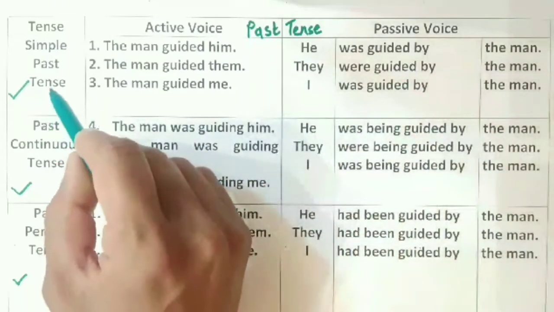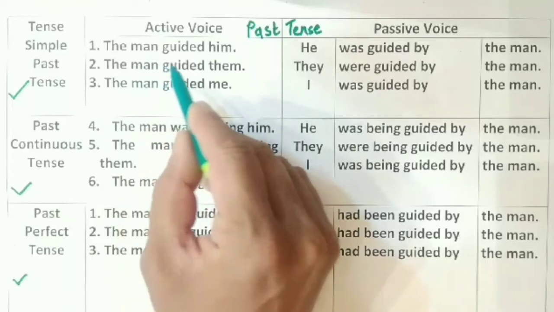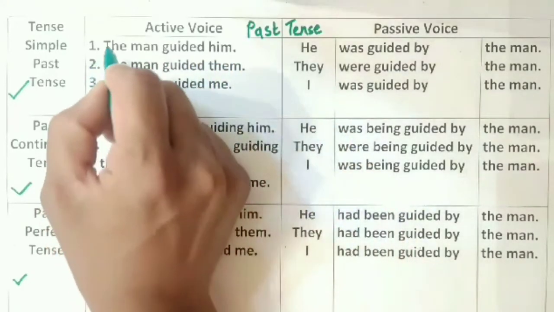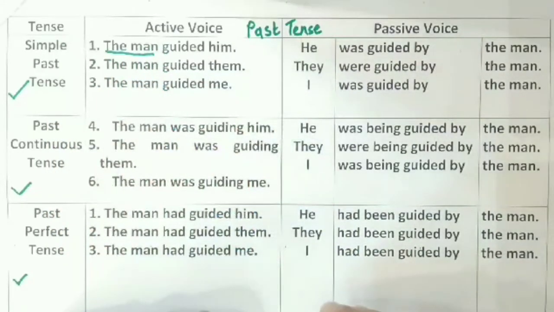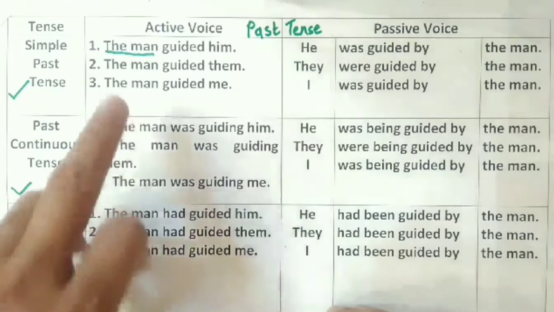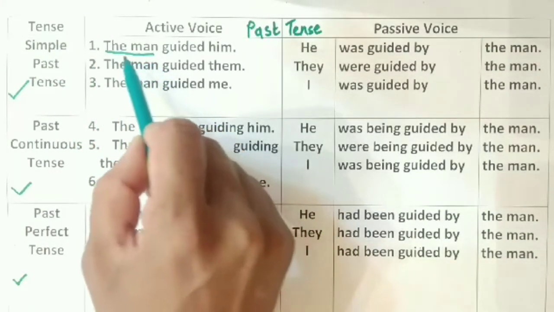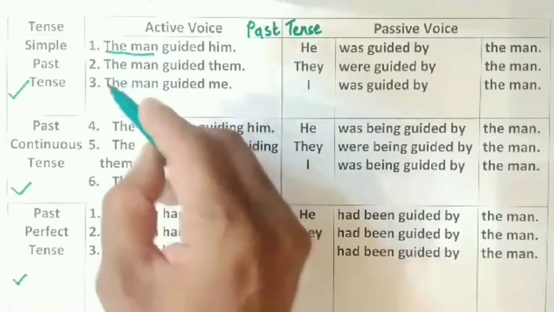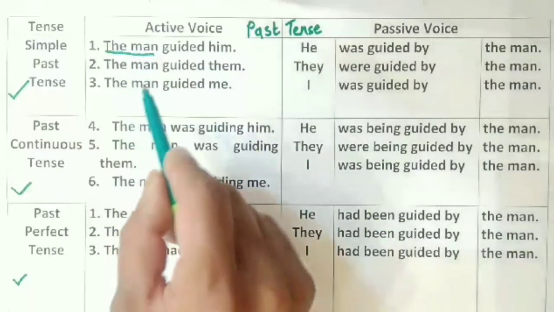So let us begin with the first subtype, that is simple past tense. I read the sentence, the man guided him. Now in this sentence, the man is the subject of this active voice, as it is the doer of the action. It is the performer of the action, and therefore the man is the subject of the active voice.